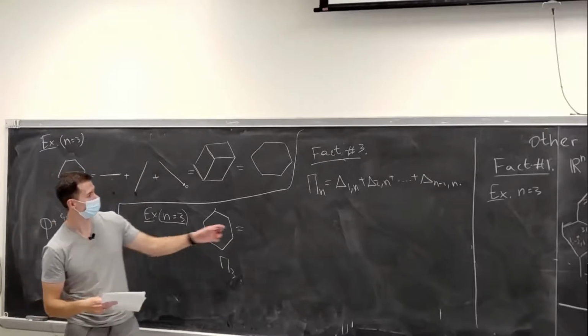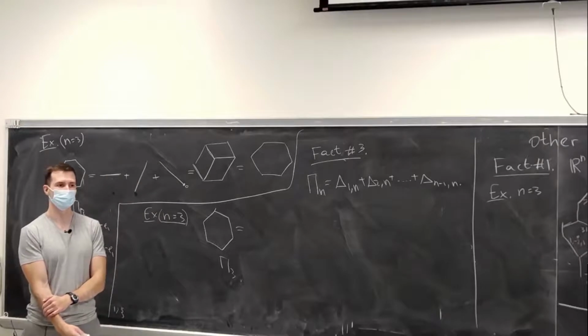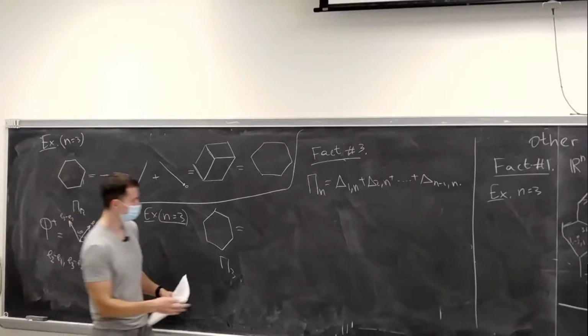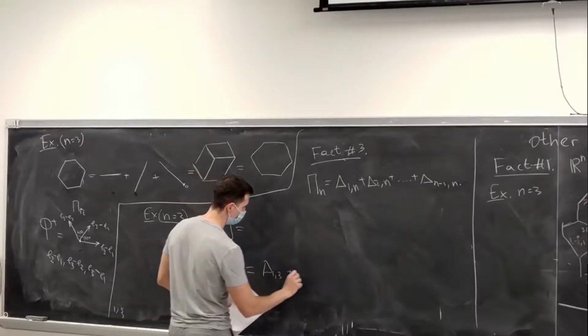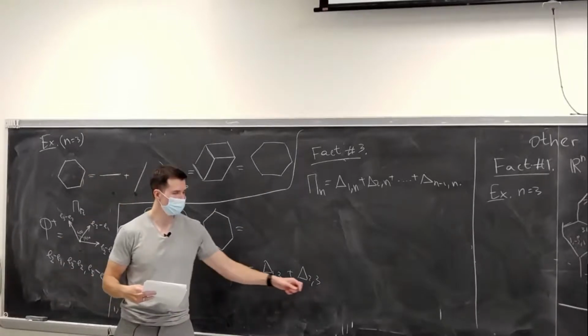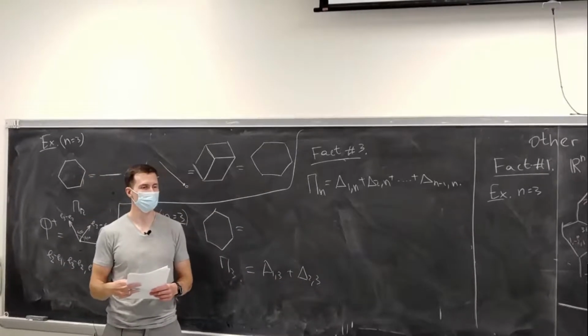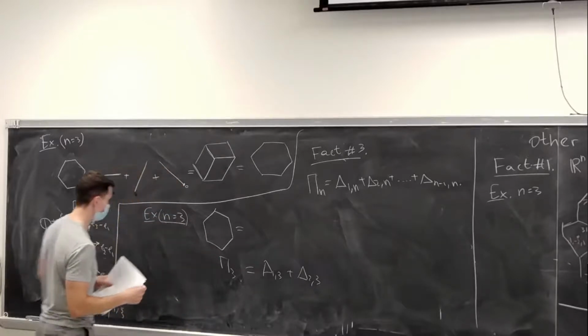So first of all, how many polytopes am I going to get? 2. Okay, delta 1,3 plus delta 2,3. And how do these look?